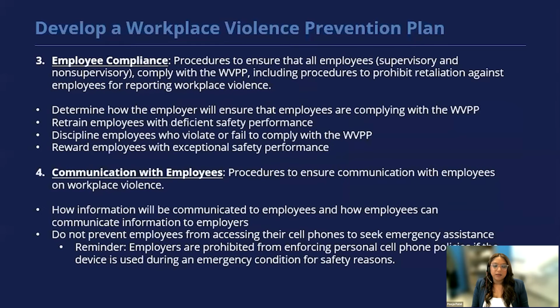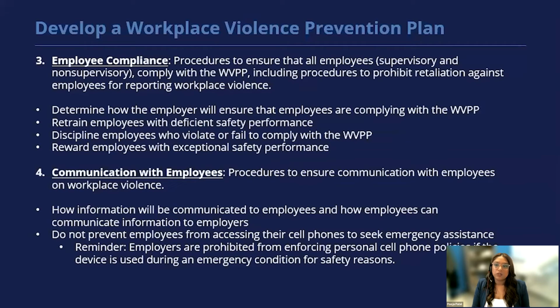The third element is to ensure that all employees, and that doesn't just include your supervisory employees, this includes your non-supervisory employees, will comply with the plan, including procedures to ensure that there is a prohibition against retaliation against employees who report workplace violence.